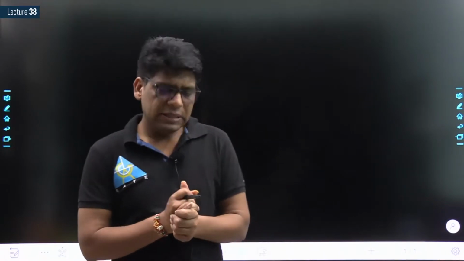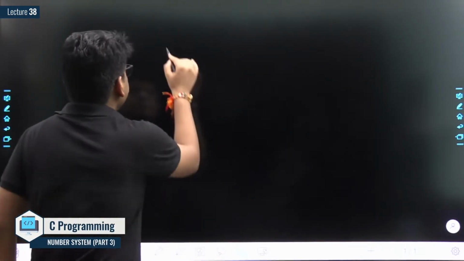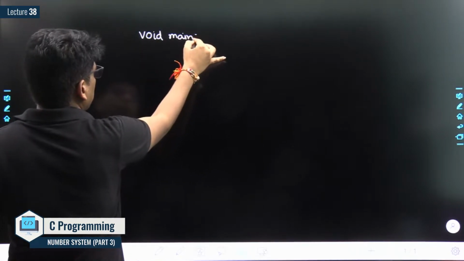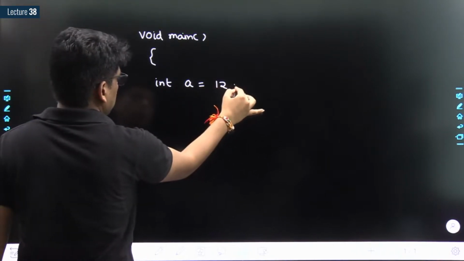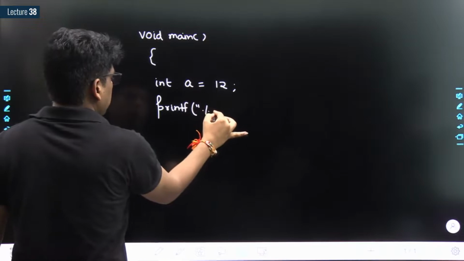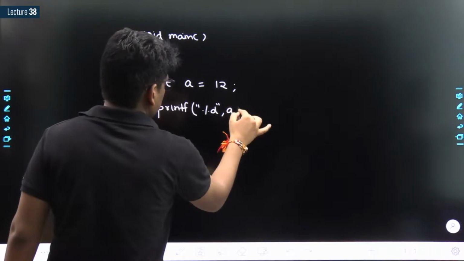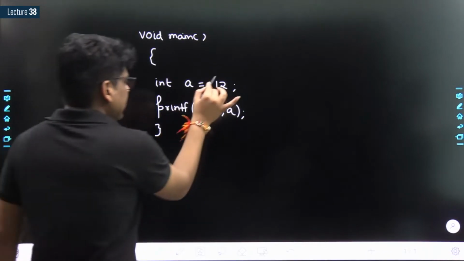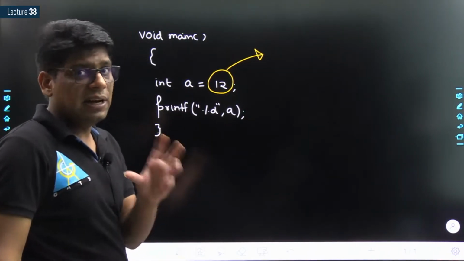So in this session, we will discuss a few important things based upon the number system. Try to understand. If I ask you something like this, and let us suppose #include <stdio.h> is there, my question is: sir, this is an integer literal.